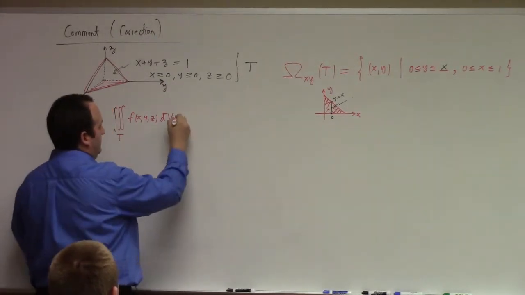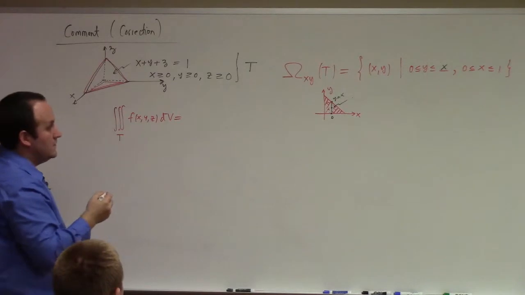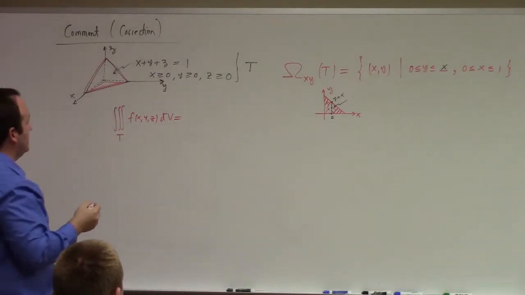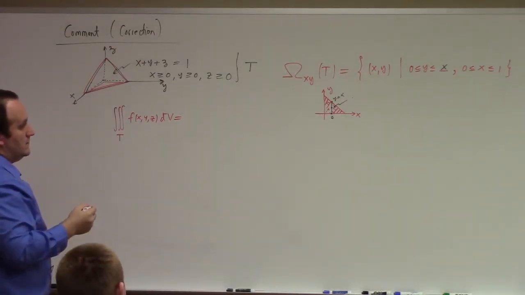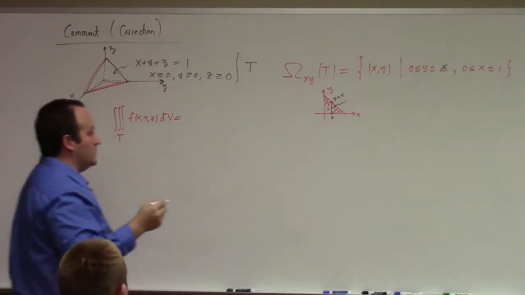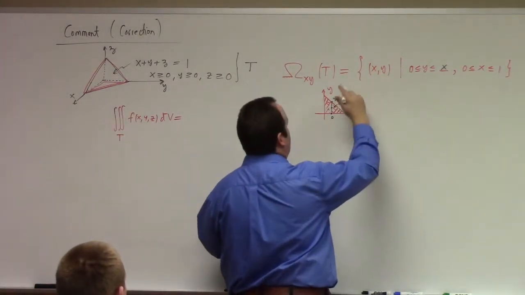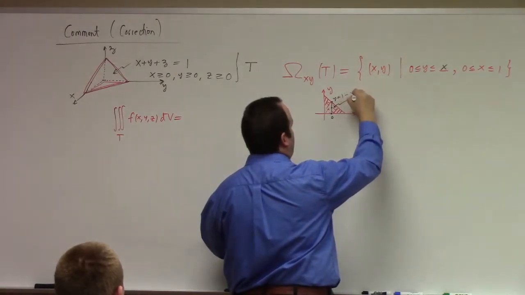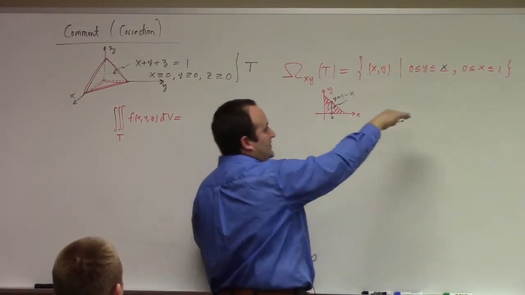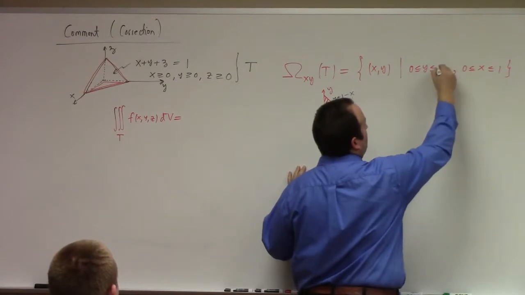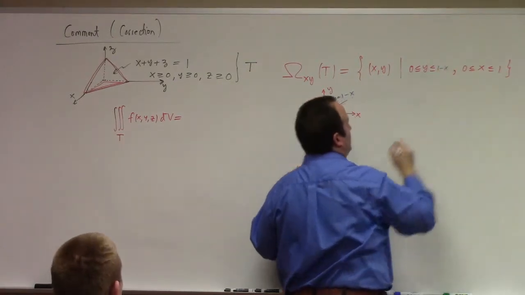At the origin, it's 0. Wouldn't it be 1 minus x? Oh, thank you. Oh, I'm an idiot. 1 minus x is, of course, that line. I was thinking of something else. This should be 1 minus x. Very good.